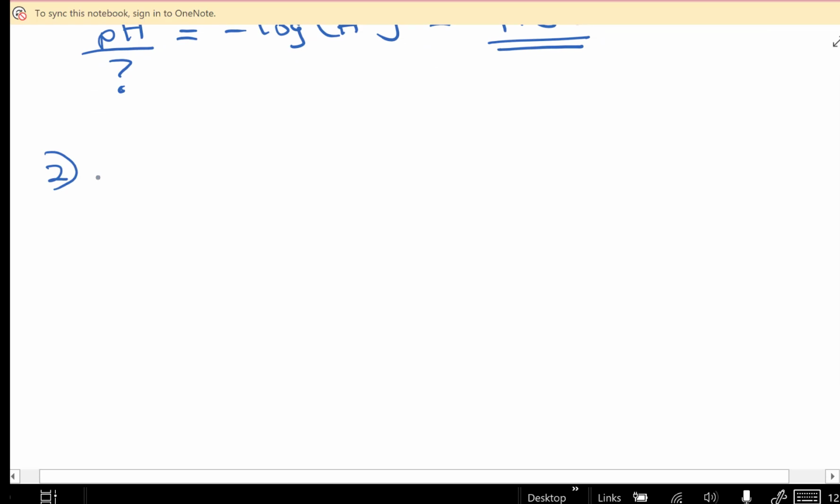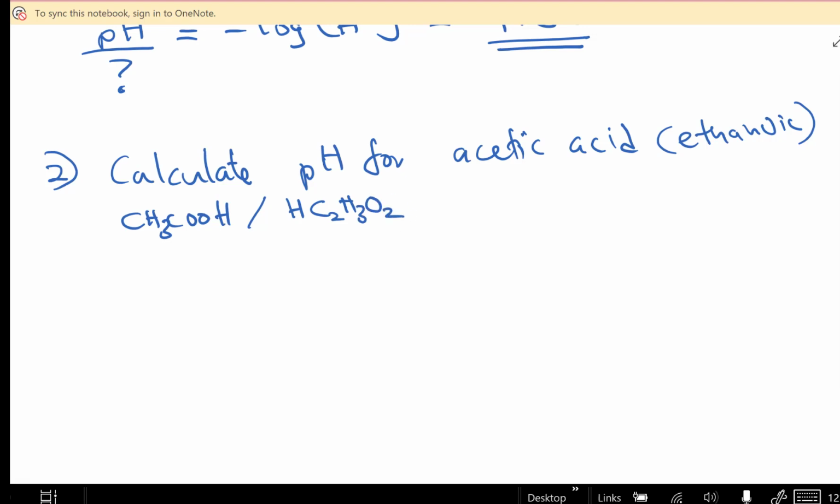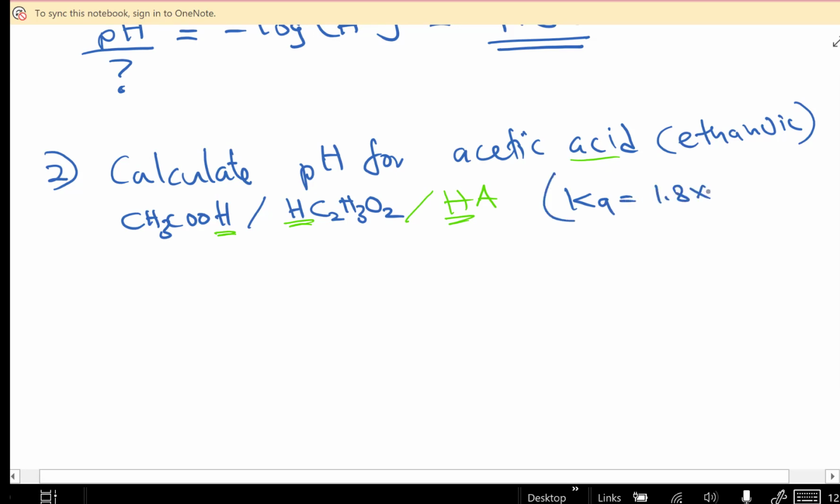Now, question 2, example 2, let's look at calculate the pH for, let's say, acetic acid, which is ethanoic acid, also called vinegar, and it's CH3COOH. Your grade 12 book has C2H4O2 likewise, and these green ones are the acidic protons. Sometimes I call it HA. I like that one, it's so simple.